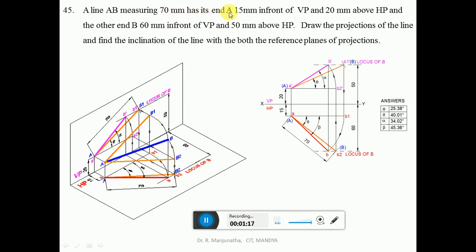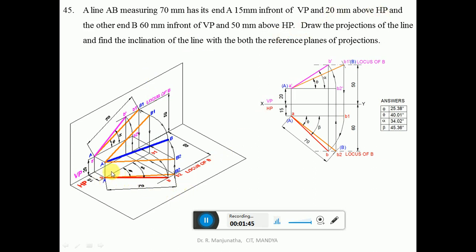Now the three dimensions. How are we going to analyze it? End A is 15 mm in front of VP. When you look from the top view, you can see this 15 mm in front of VP. When it is projected, that point is going to fall on HP. So this is 15 mm in front of VP, and you mark this point as small a, and this is also capital A. Similarly, 20 mm above HP.